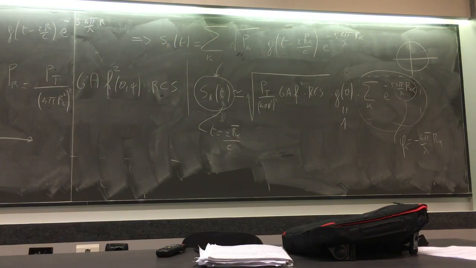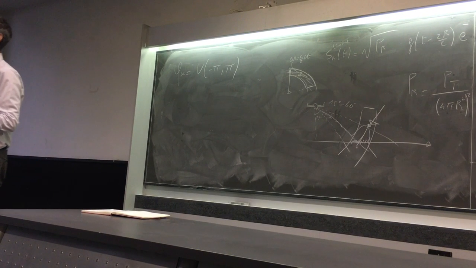Gaussian. Why? Because I have a sum of random variables. Okay, so for the central limit theorem. Perfect.